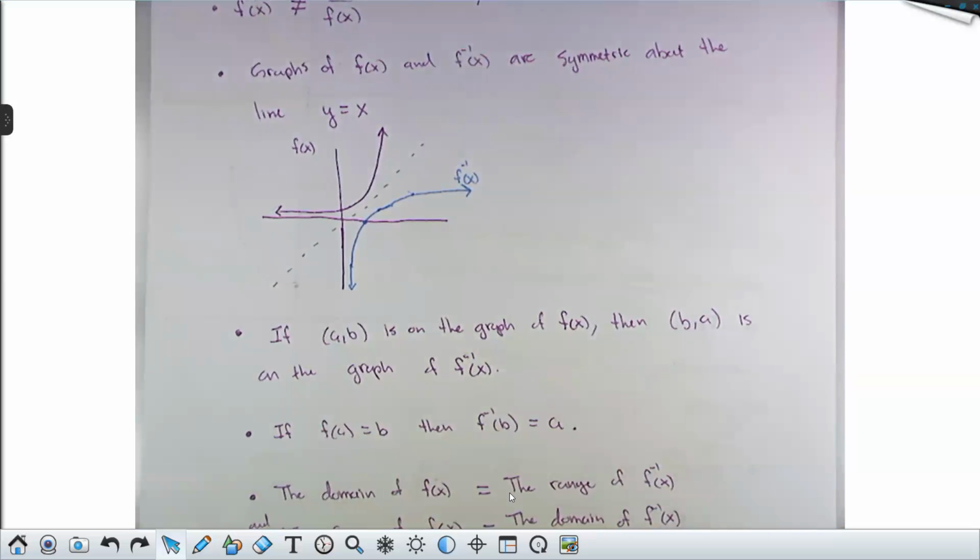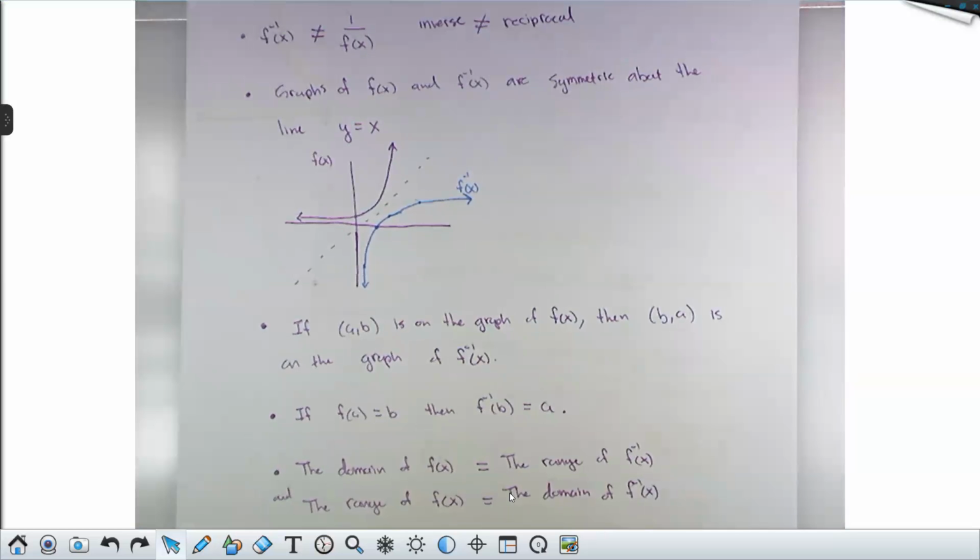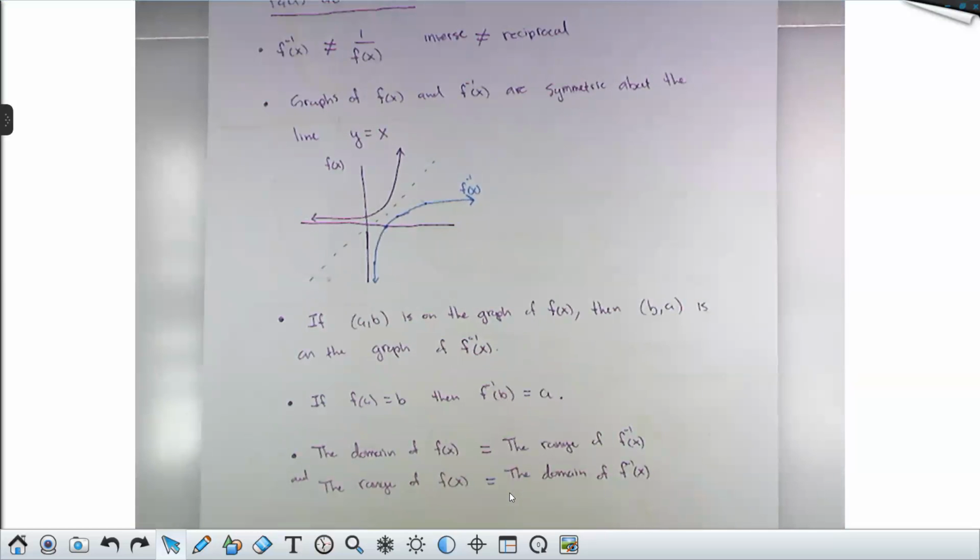And these things right here, each of these little bullet points, makes for a wonderful true, false, or multiple choice exam question.